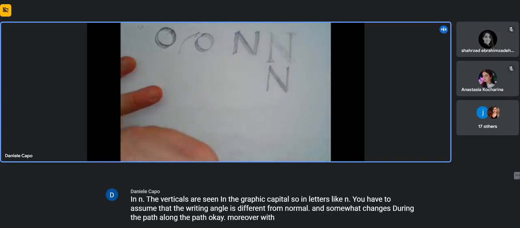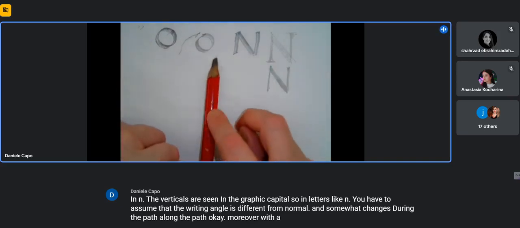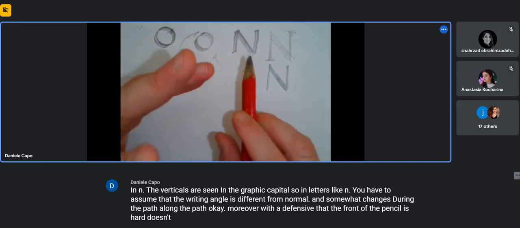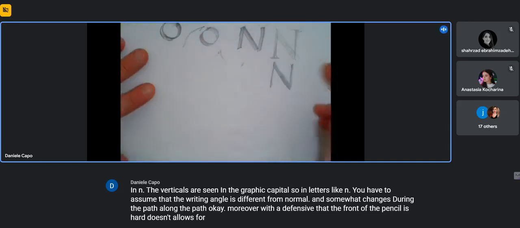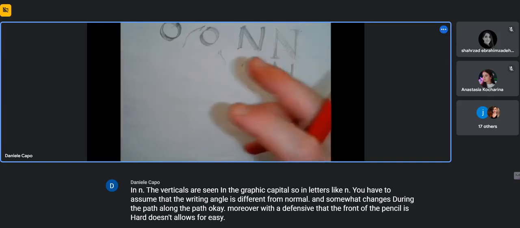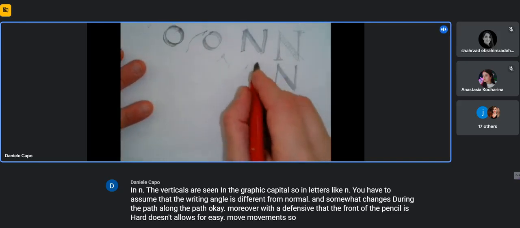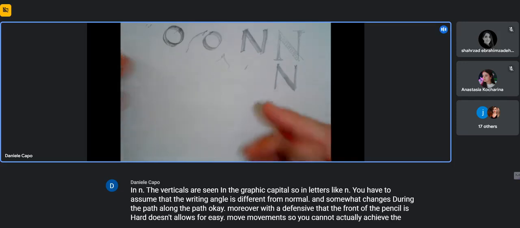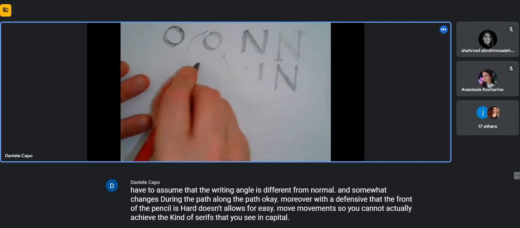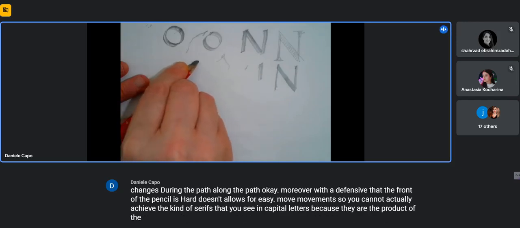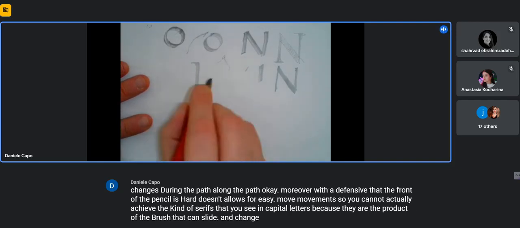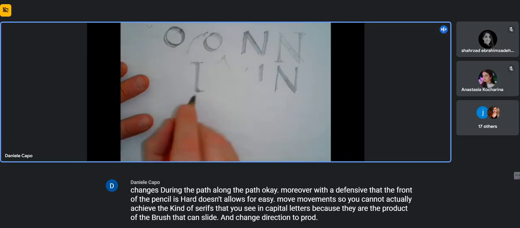Moreover, with this pencil, the front of the pencil is hard and doesn't allow for easy movements, so you cannot actually achieve the kind of serifs that you see in capital letters, because they are the product of the brush that can slide and change direction to produce particular effects.